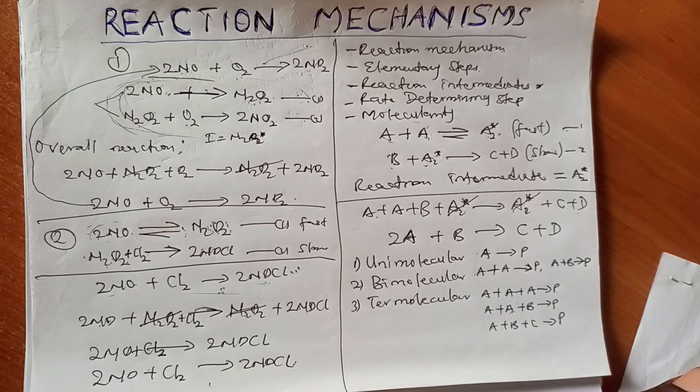In reaction mechanism, if you are not able to get the rate determining step, you will not be able to move forward in getting the overall reaction. The rate determining step is the slowest step in the sequence of steps leading to product formation. As simple as this definition is, learn it.